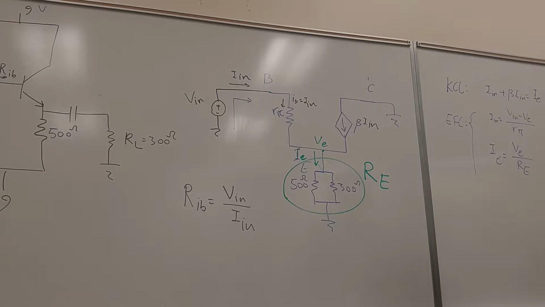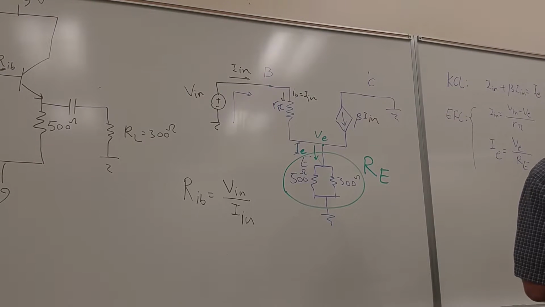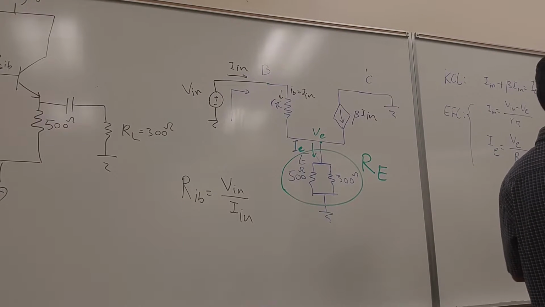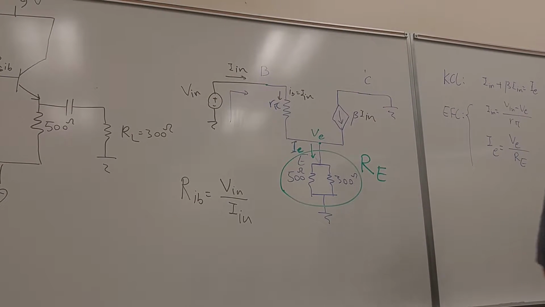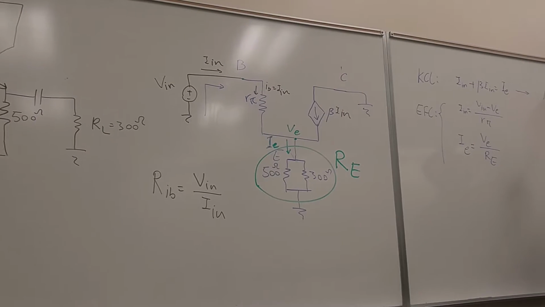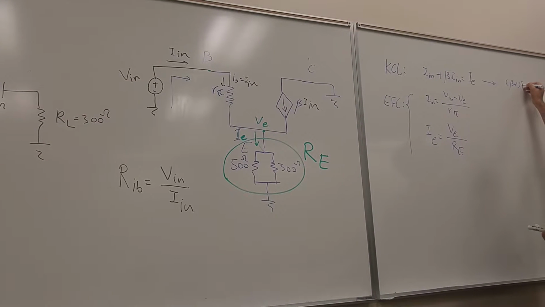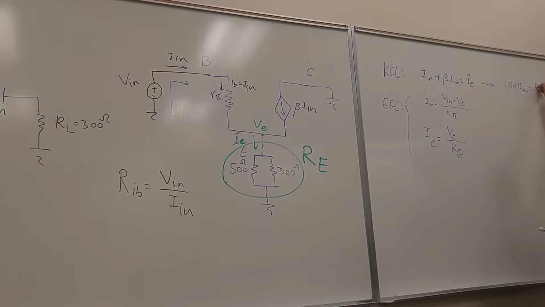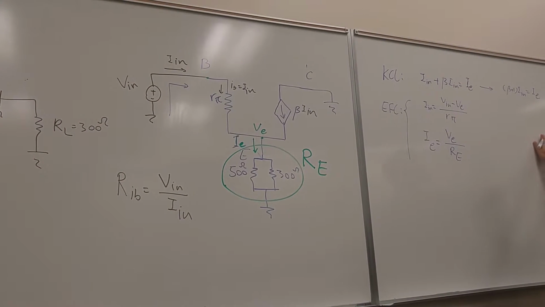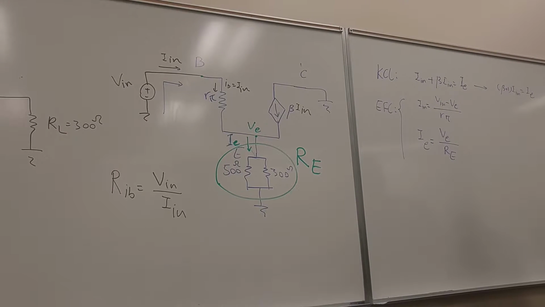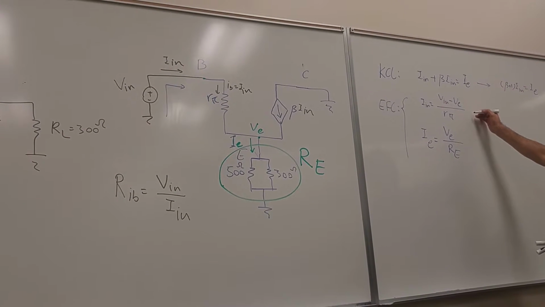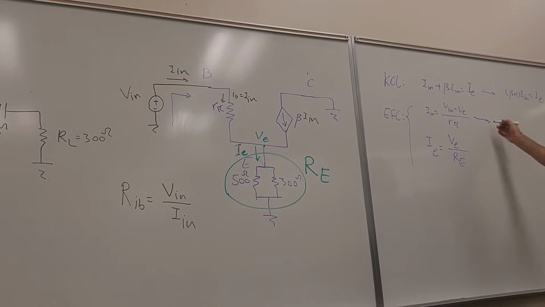Are we done? You're done. So from this, I have beta plus 1 times I in is equal to IE. So pick any of these two equations, maybe this one.